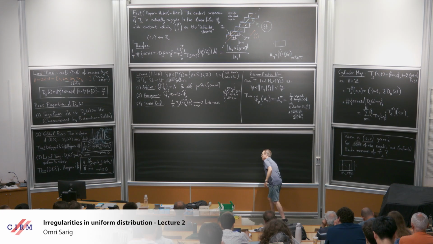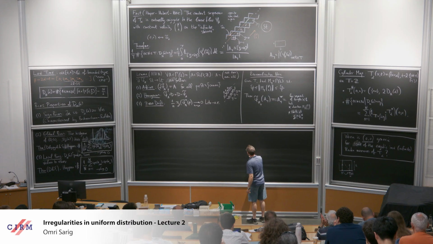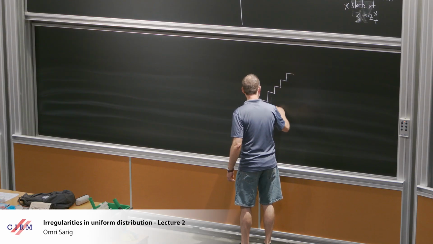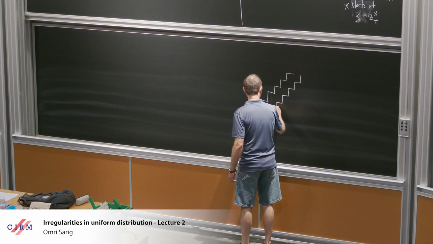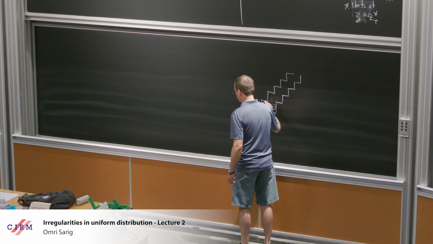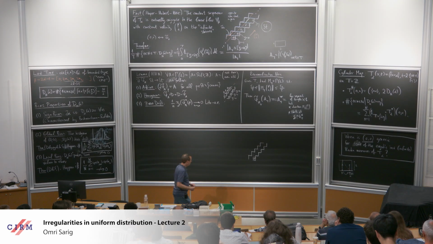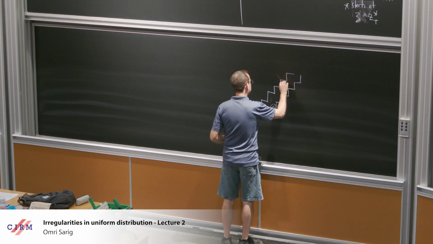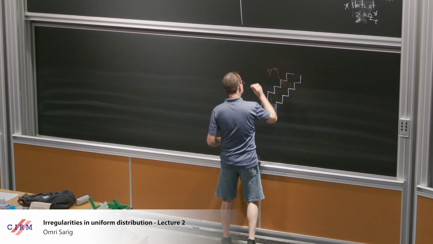Okay, so the picture that I have in mind is this. I start from the staircase, and I start at rectangle 0. And I'm interested in how many times my orbit crosses this rectangle.